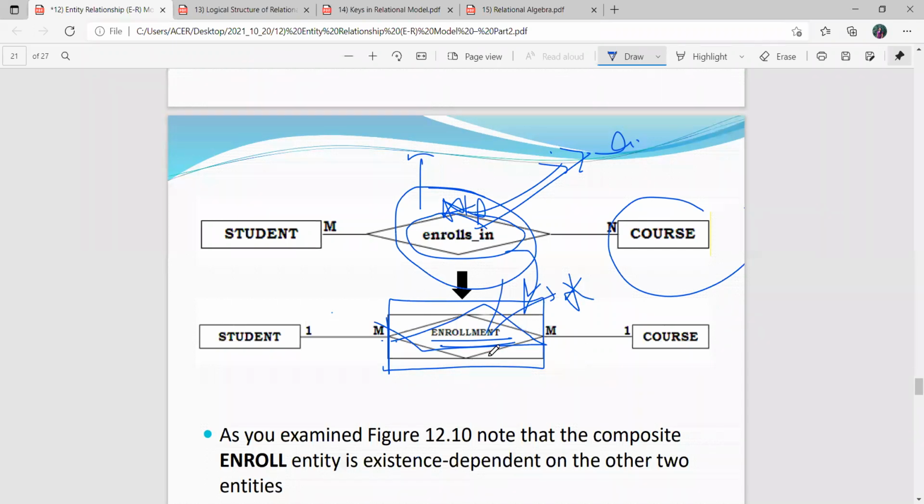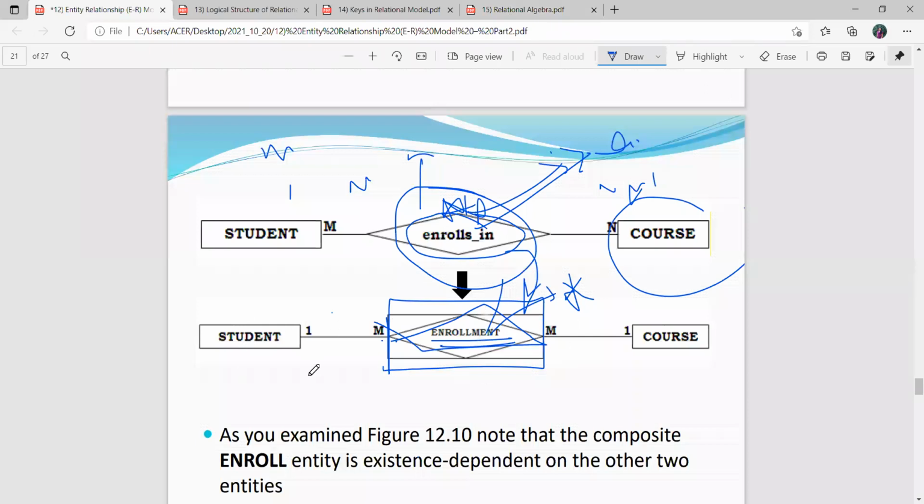So these kinds of entities are known as composite entities. Okay, you can see one student can take many courses. When we consider one course, it can have many students. So this is a many-to-many relationship. So when we consider this many-to-many relationship, it is difficult to plot this in an ER diagram. So you convert it into a composite entity like this.